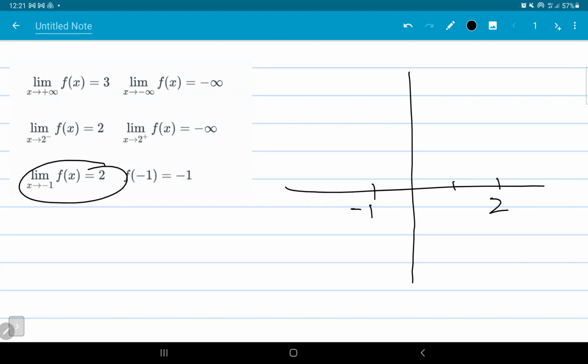As x approaches -1, the limit of the function is 2. So you must draw your graph in such a way that from either direction, the graph is approaching that point. Okay.